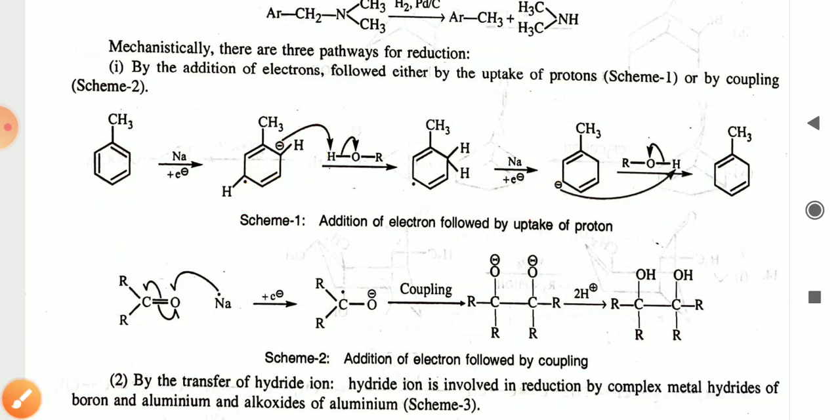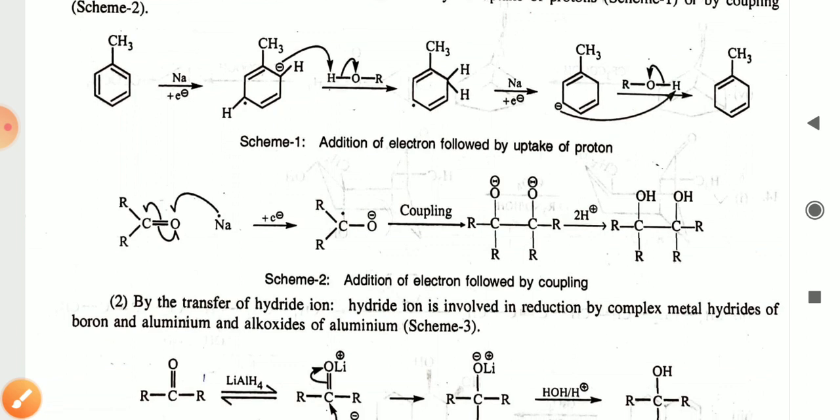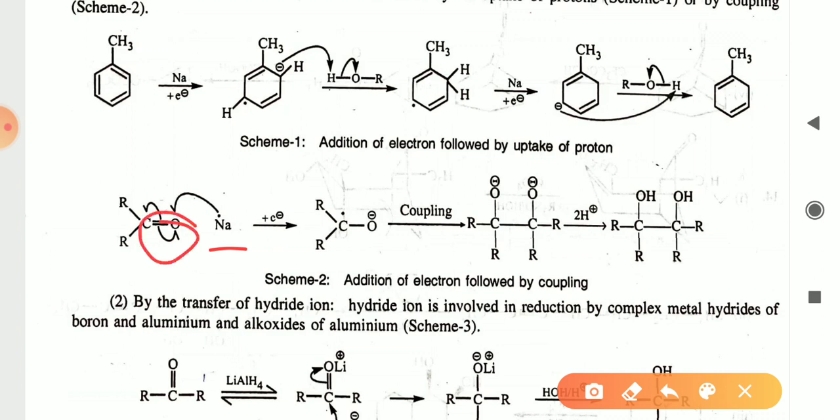So first is proton uptake. The second is the coupling reaction. In this kind of reaction, in presence of sodium, the double bond of the carbonyl compound will reduce, and here we can see the free radical as well as the negative ion.